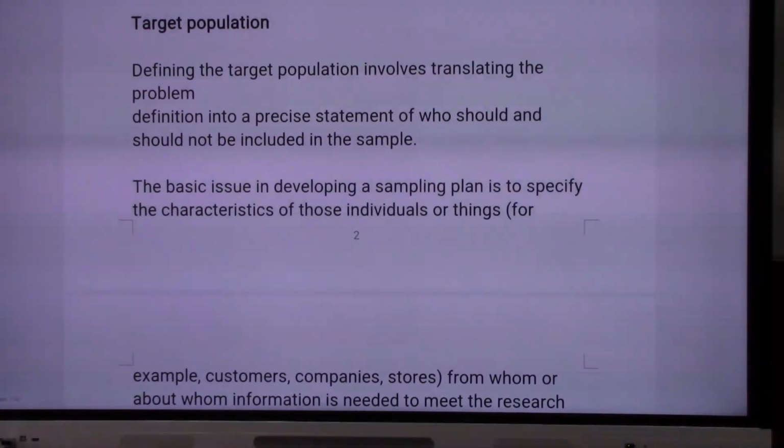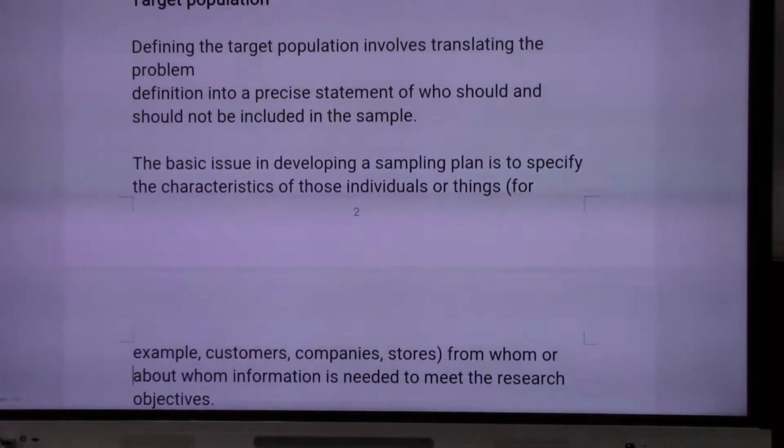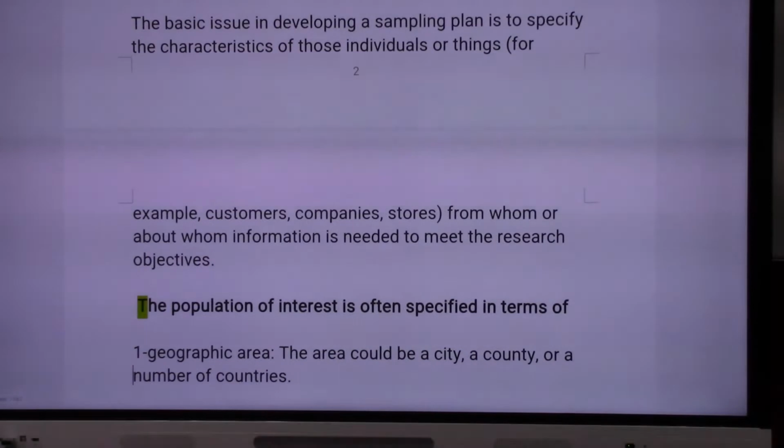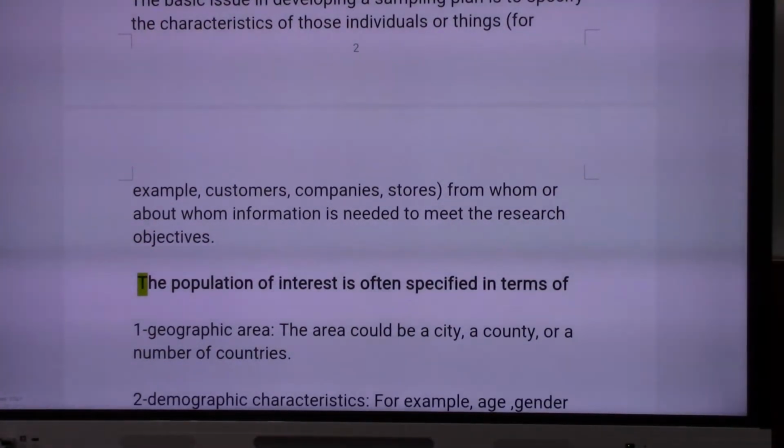We can select the population of interest based on, first, geographical area, which means selecting specific people who live in a specific geographical area.